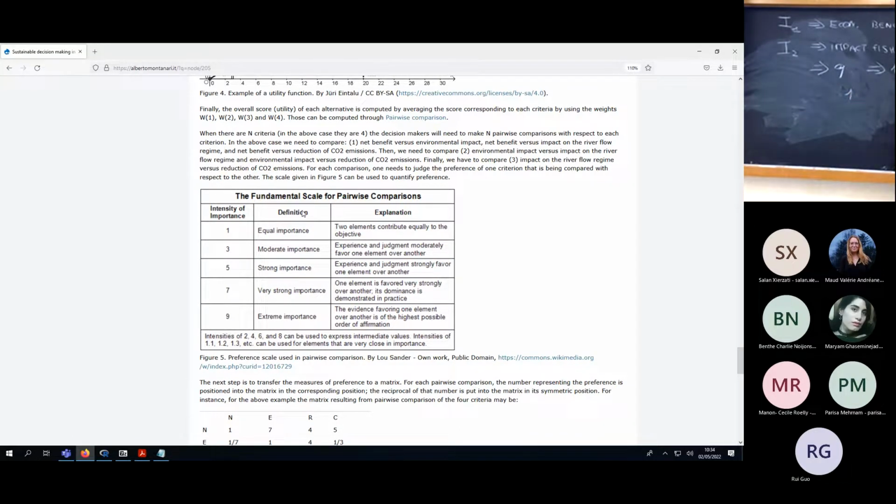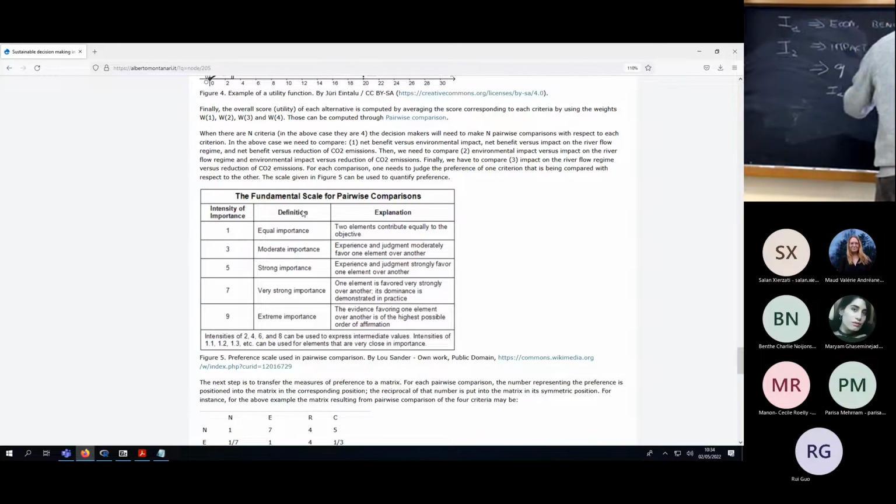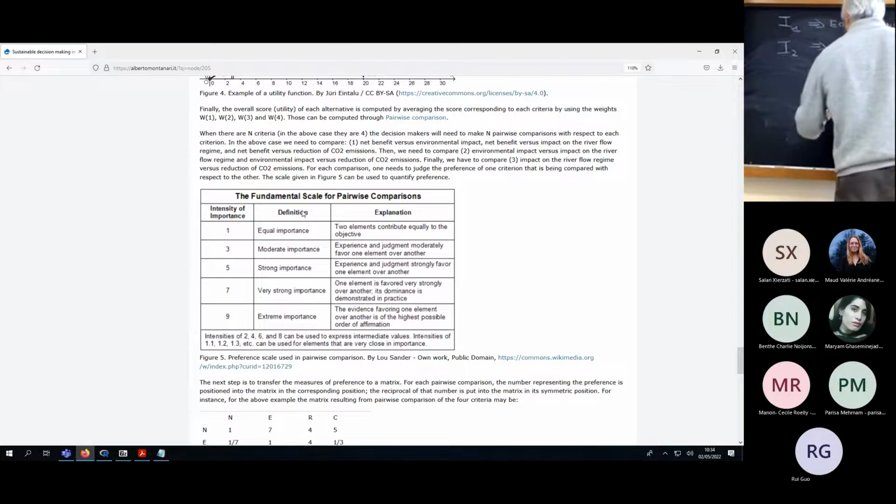Okay. So what we have to do is to build the matrix that we know. So I1, I2, I3, I4, and the same here.